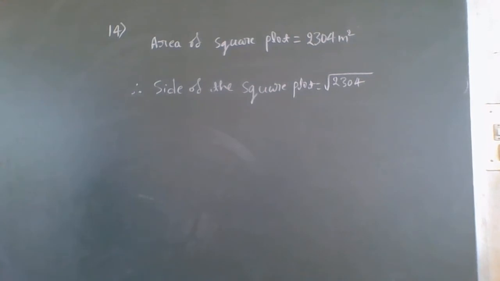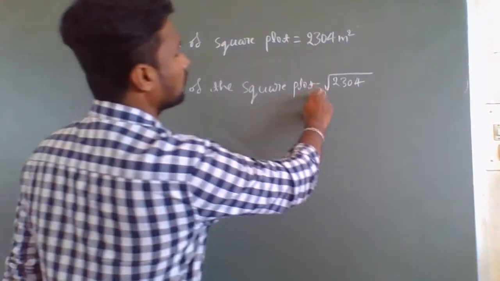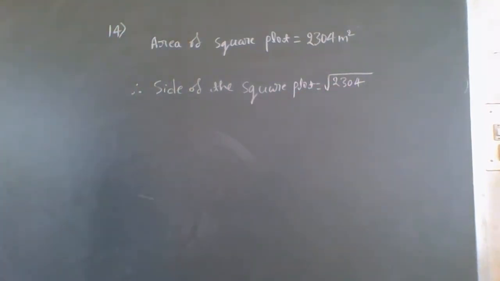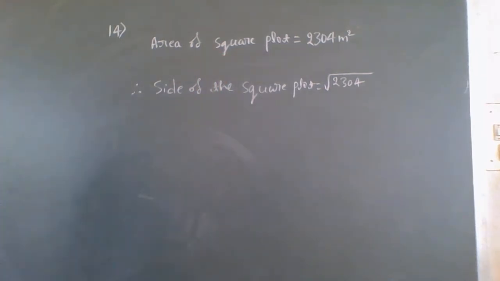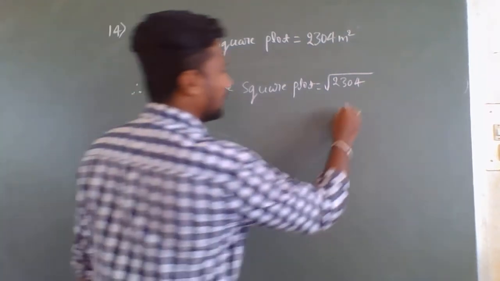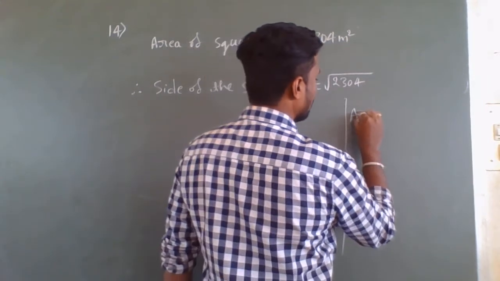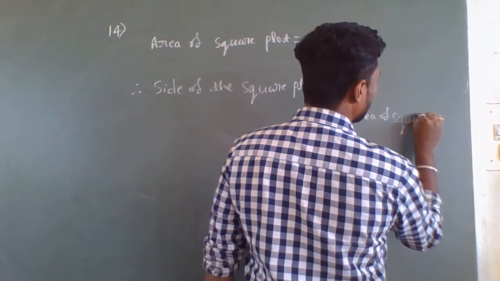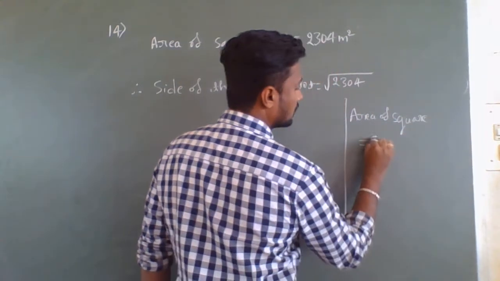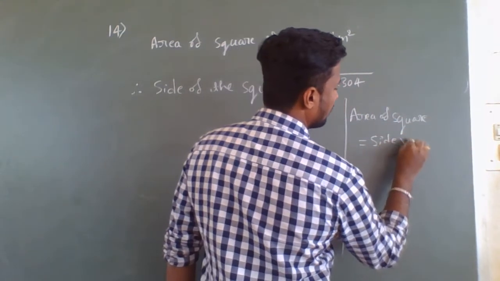Why have they given the square root of 2304? Because we know that the area of a square equals side into side.